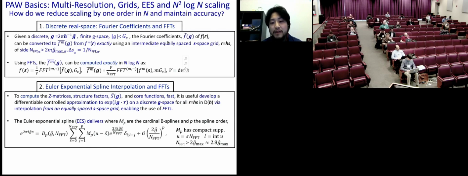If you want to solve this term by term and add all of them up to get S(G), you have to do it for every atom, which scales as n, and for every G, which also scales as n, so you end up with n squared scaling. And if we can do FFT and get all these S(G)s at once, we can do it in n log n. It's a good thing.